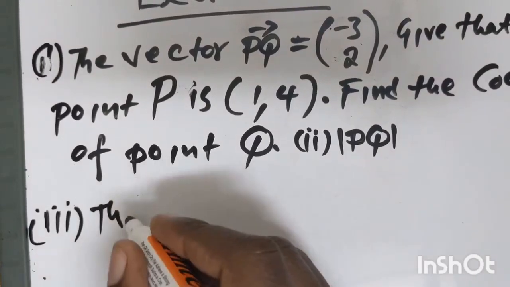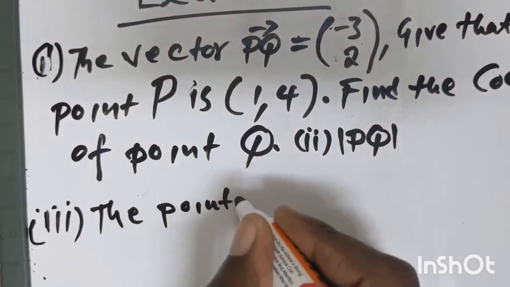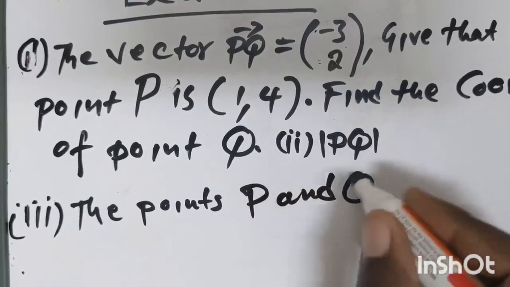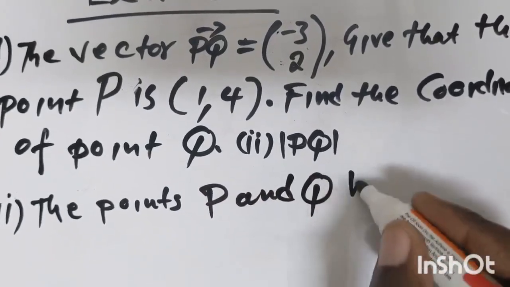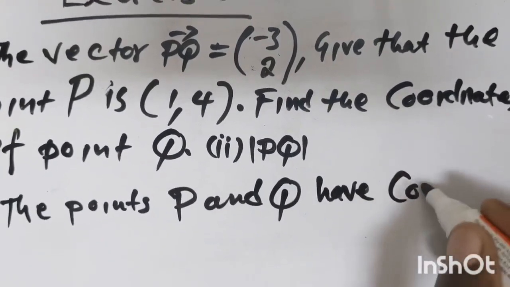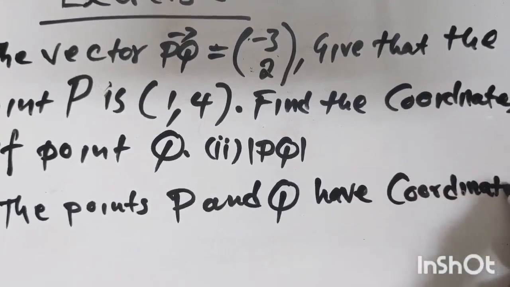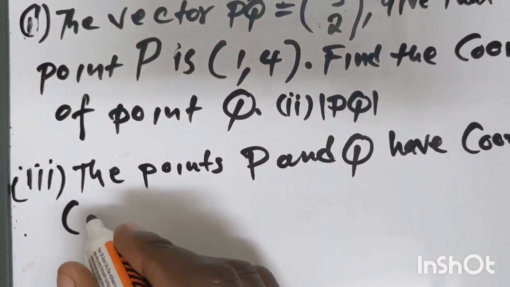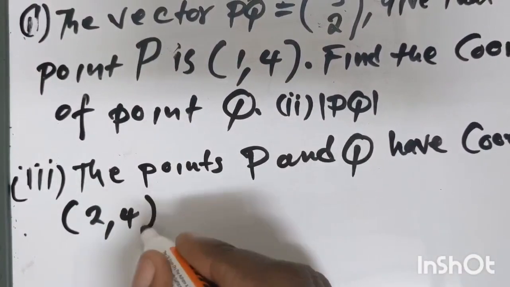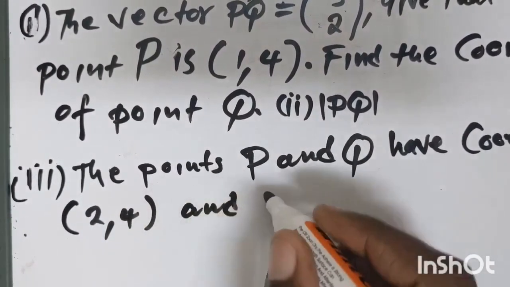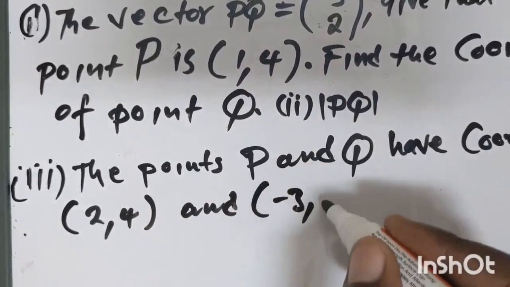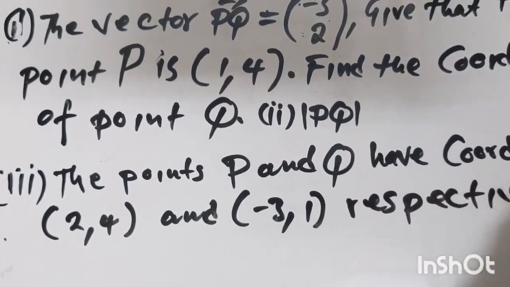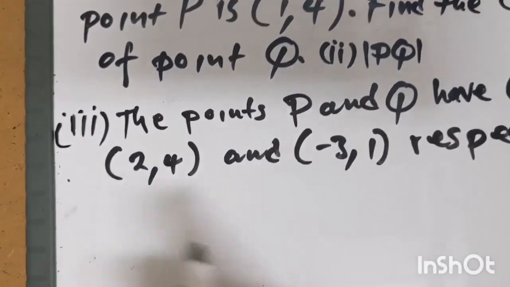It's saying that the points P and Q have coordinates (2, 4) and (-3, 1) respectively.